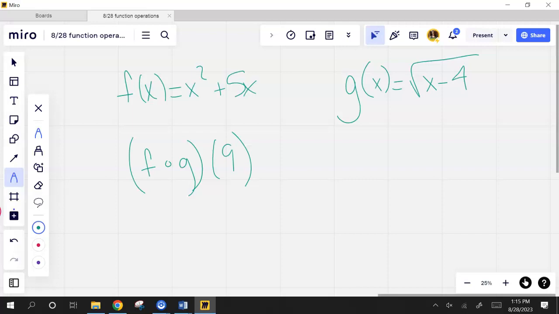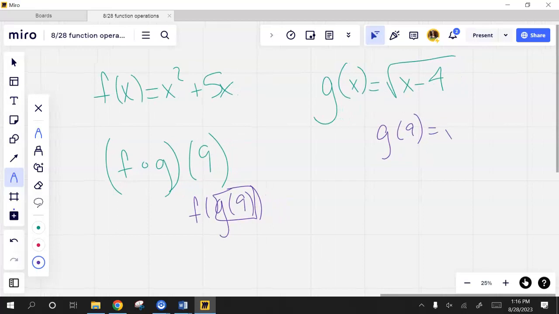Try this one on your own. Is this the same thing? All right. Well, then tell me this. What is g of 9? You won't do domain whenever you find a specific value.